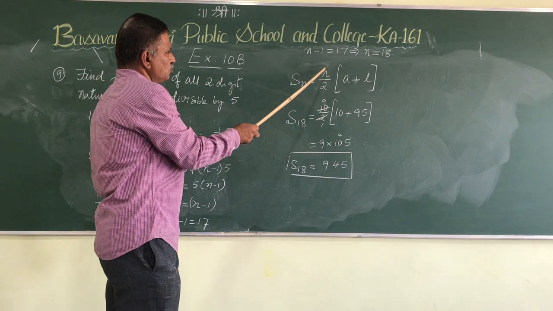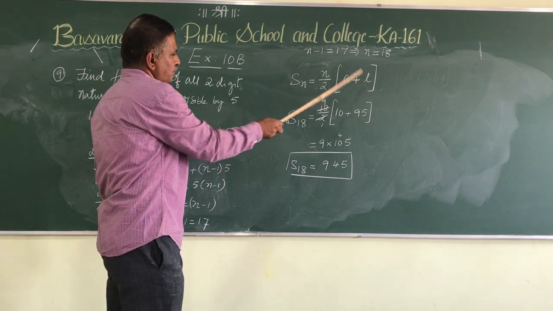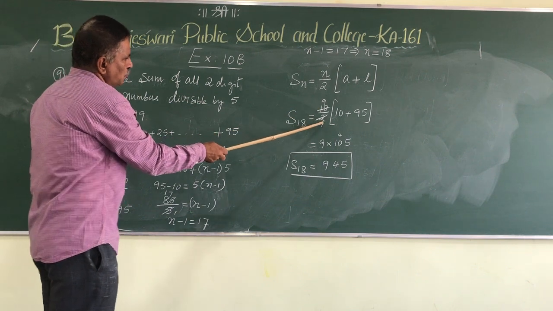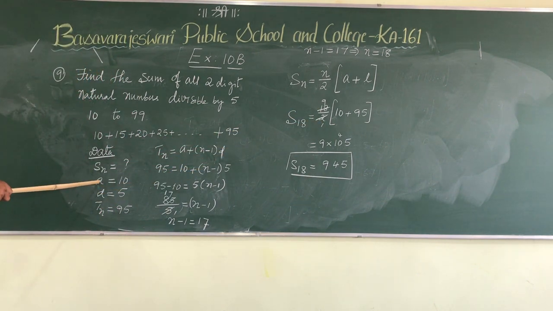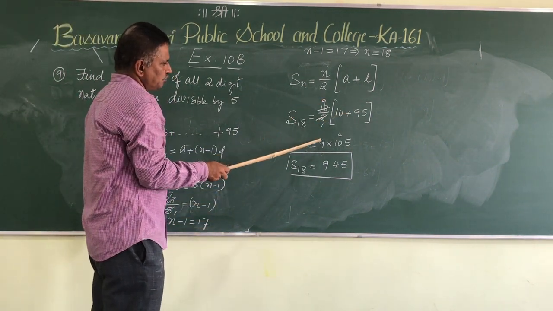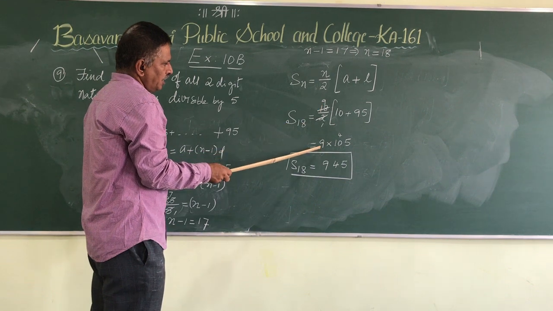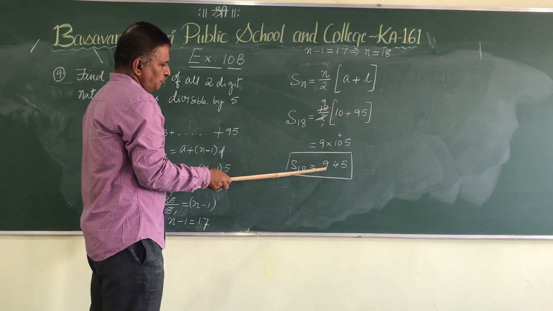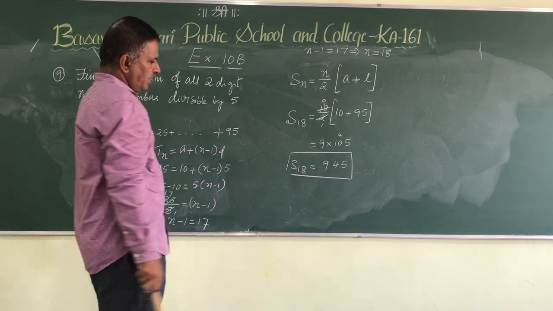Now Sn is equal to n by 2 of (a plus l). We got n as 18 by 2, a is the first term 10, and L means the last term, which is 95. So 2 nines are 18, giving 9. If I add these two, I will get 105. 105 into 9 will give you 945.